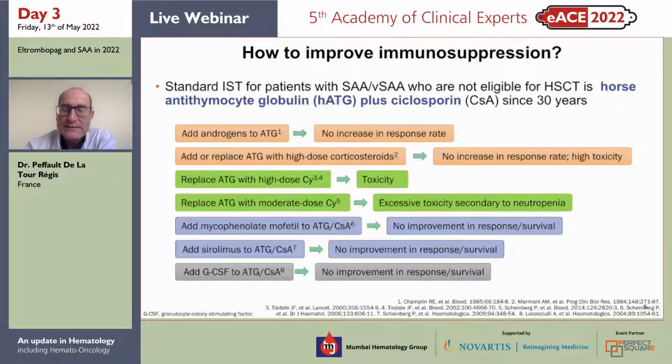And honestly, there has been a bunch of studies trying to foster the response rates of our patients with idiopathic aplastic anemia. First of all, there were other drugs than ATG or cyclosporine. We used androgens, we used high-dose steroids. There was nothing showing any efficacy.